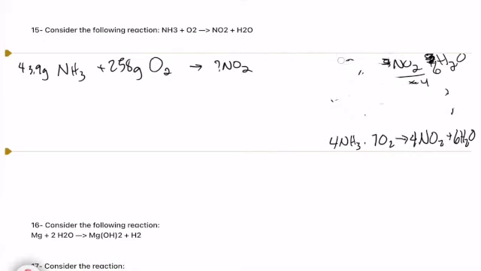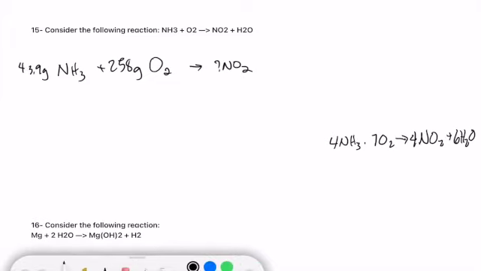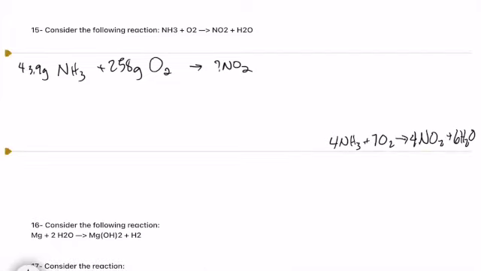Give ourselves a little bit more room to work here. So I need to determine which one is my limiting reactant. Is it the ammonia or is it the oxygen? And so the first thing we need to do is get out of grams and into moles. You're already good at this, you can probably fast forward.